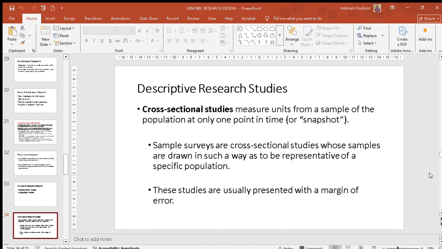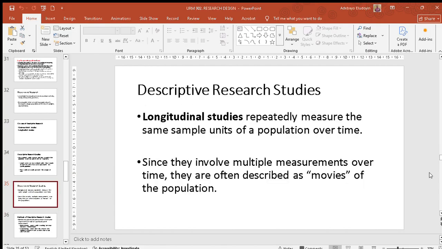You have your result valid at a 95% confidence level, which means you are eligible to make 5 errors out of 100 trials in that area. But again, a cross-sectional study is a form of descriptive study, but in this case we have to think about representativeness, and that is just the thing.